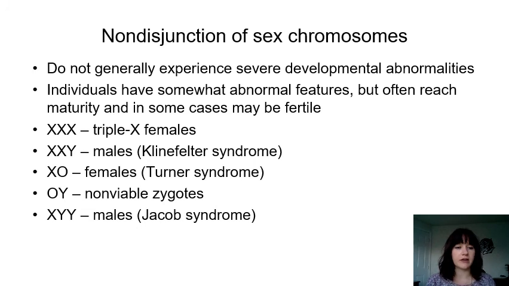Here we have a lot of different combinations of non-disjunction that can occur: trisomy, where you have 3 chromosomes, or monosomy, where you only have 1, and the O just means none, right? You may have heard of Klinefelter syndrome, Turner syndrome, or Jacob syndrome.